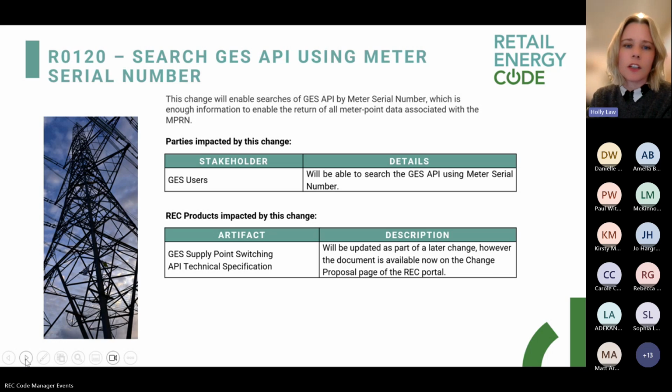So the first change that we've got going into the release is R0120, and that's the ability to search the GES API using a meter serial number.